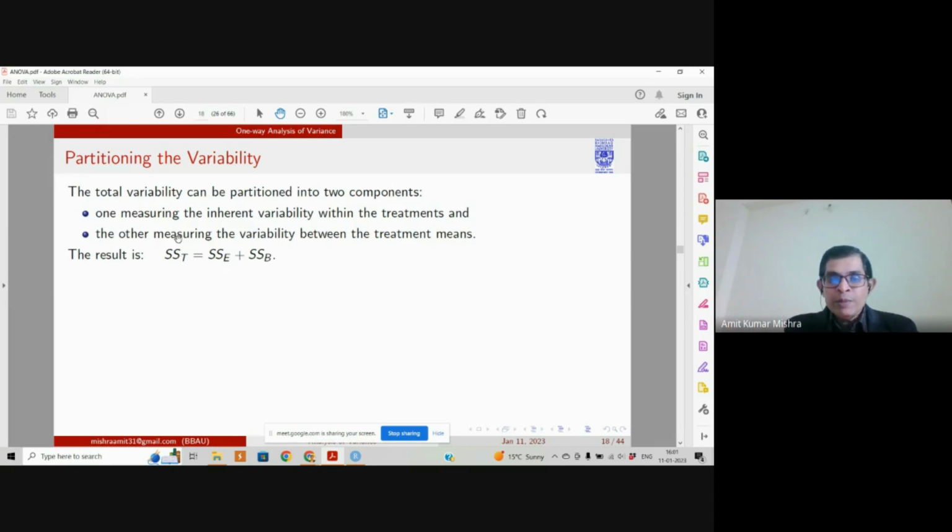So total variability, we call it SST, that can be partitioned into SSE and SSB. SSE, that means inherent variability, we call it error sum of squares or sum of squares due to errors. Errors means this is inherent. And SSB, sum of squares due to treatment or between sum of squares. That means between three populations.